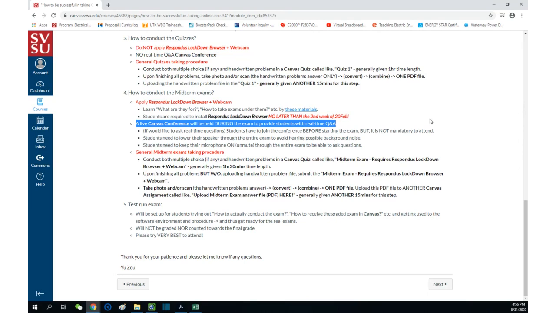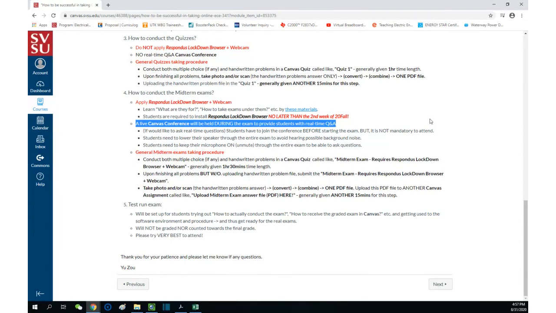Once you start the exam under the Lockdown Browser, you can't do anything else. You can't join the conference except by submitting, but you don't want to do that, right? So join the conference first, before starting the exam.